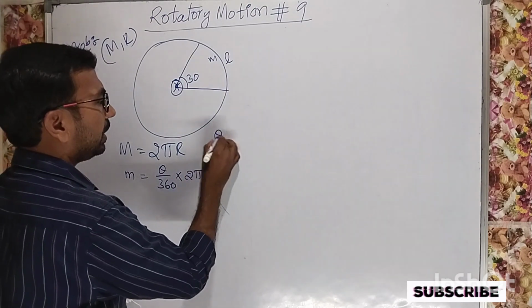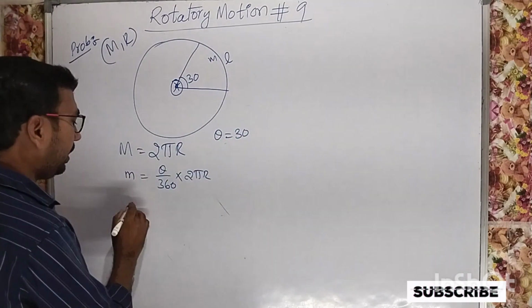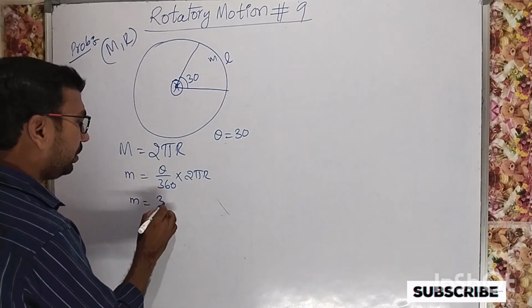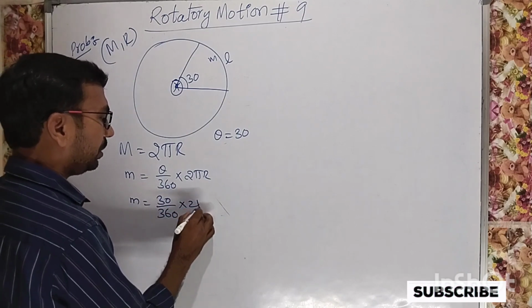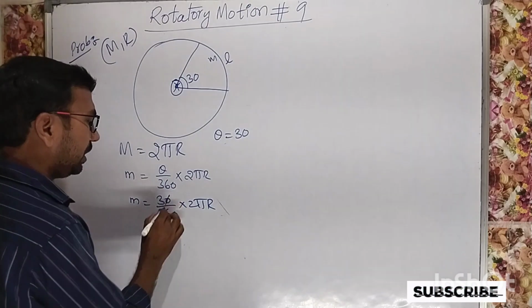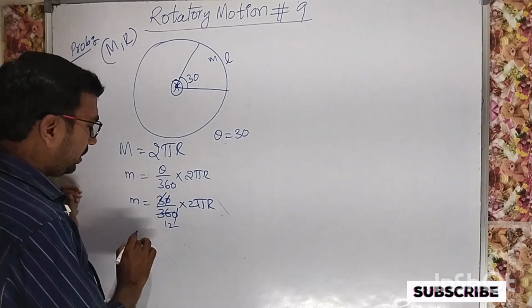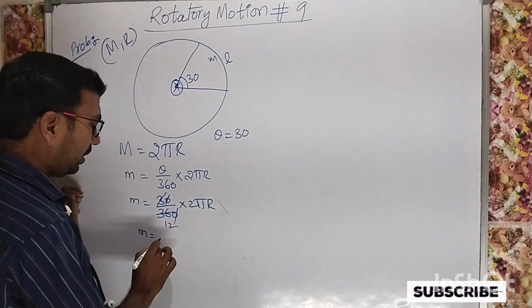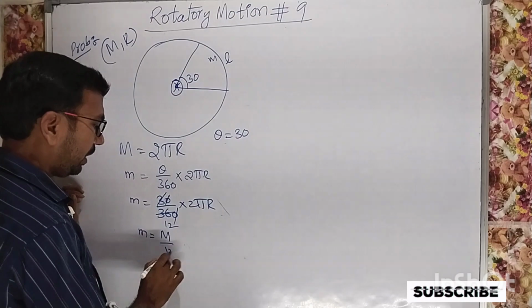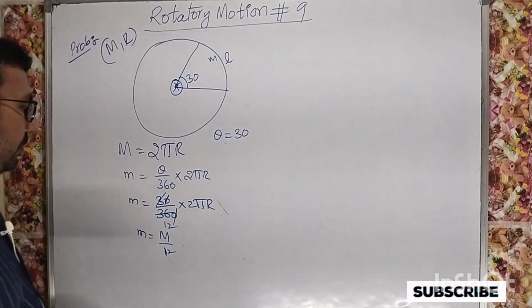Theta is equal to 30. So small m is equal to 30 by 360 into 2 pi r. This 0 is cancelled, 3 ones, 3 12s. So small m is equal to capital M by 12. The removed portion is capital M by 12.